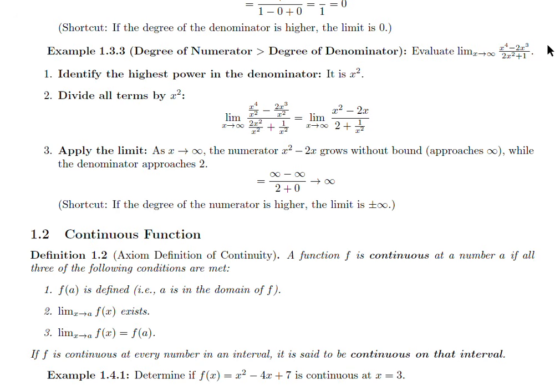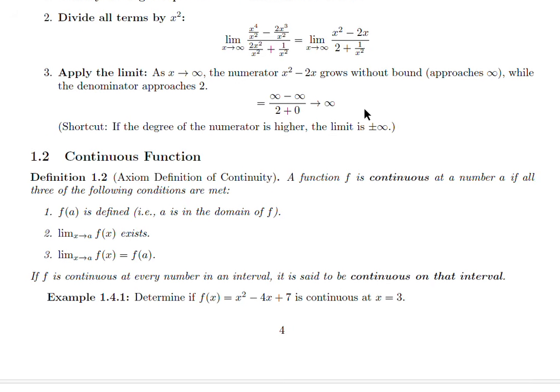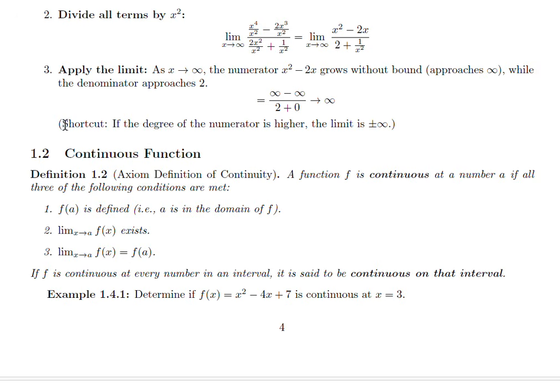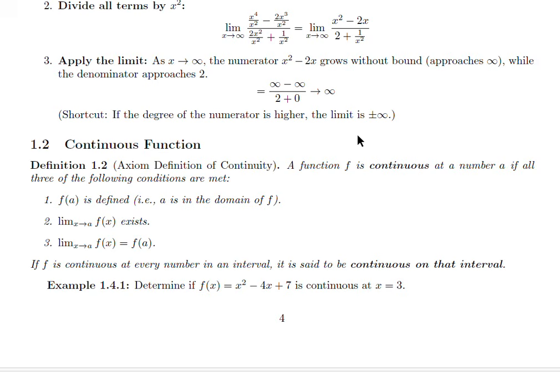And so we're saying this function, x raised to power 4 minus 2x cubed over 2x squared plus 1, will approach infinity as x approaches infinity. So we're saying a shortcut here: for any function at all, once the degree in the numerator is higher than the degree in the denominator, then automatically the limit is always infinity.